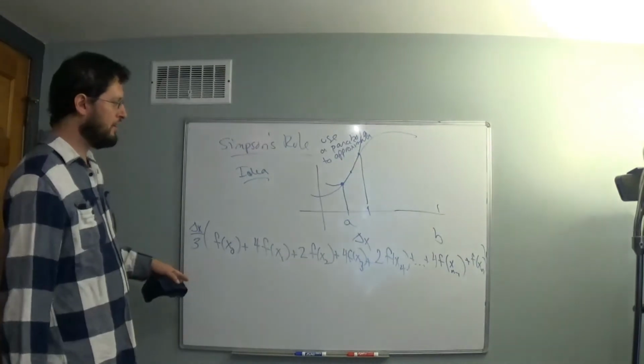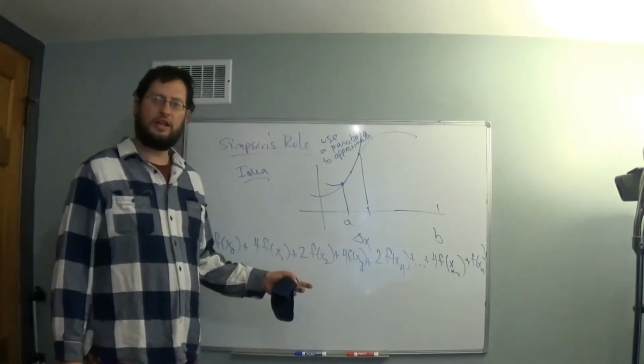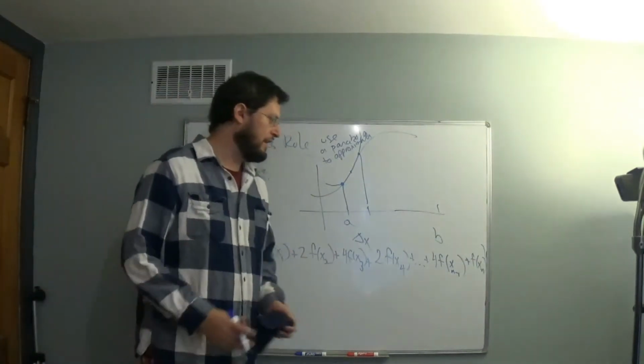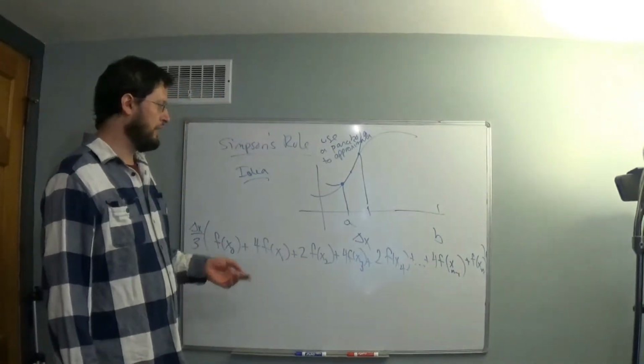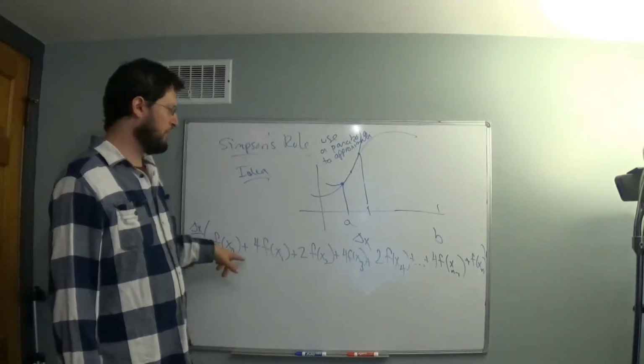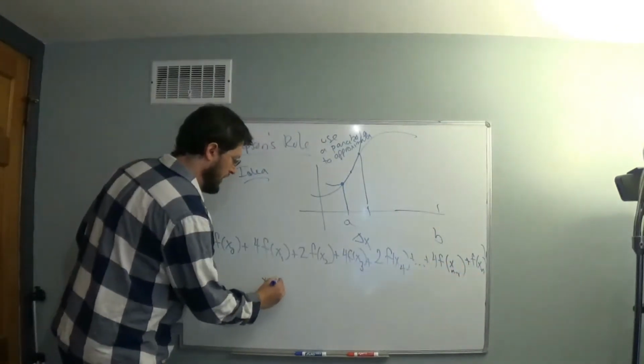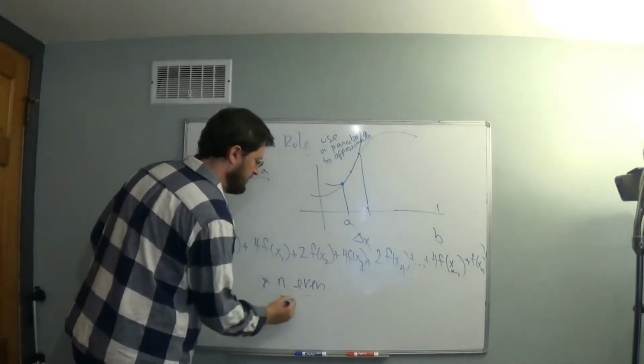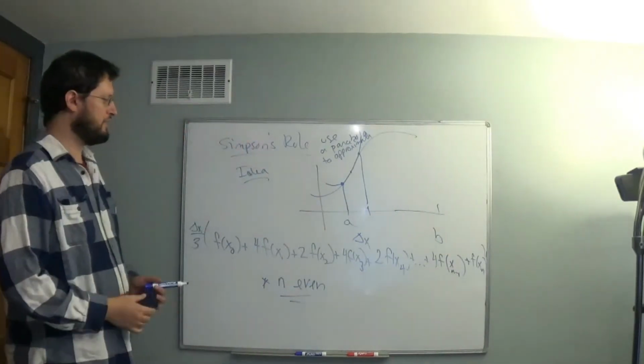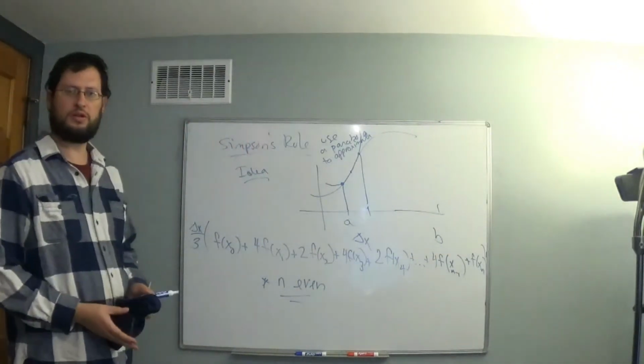One thing to point out is that it does require an even number for n in order to make this work. I need an even number for n so that we can have a symmetric form here. So n must be even in order for Simpson's rule to work.